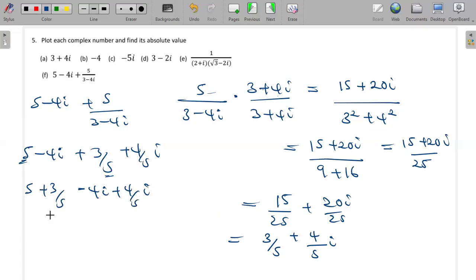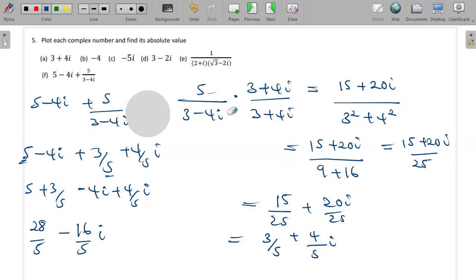So you have 5 plus 3 over 5, and that gives 28 over 5. Then the other one, you have 4 over 5 minus 4, which gives negative 16 over 5i. So I've written it in standard form.